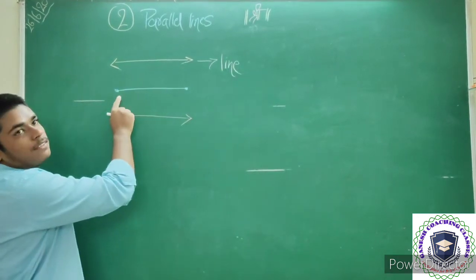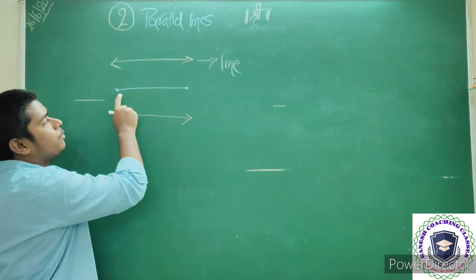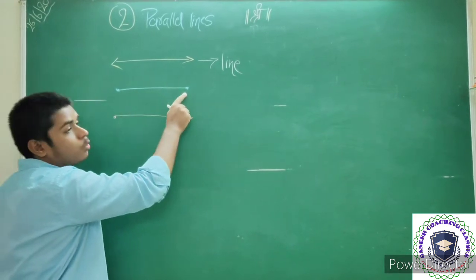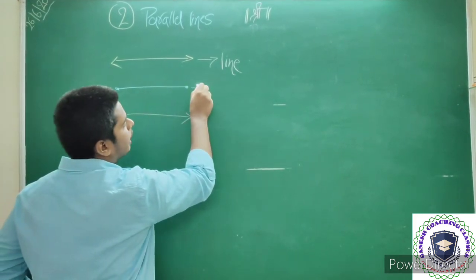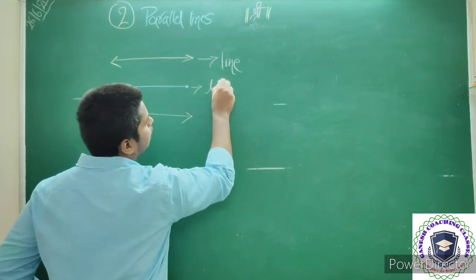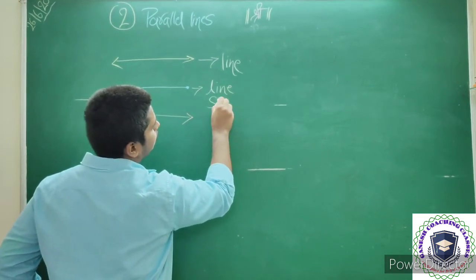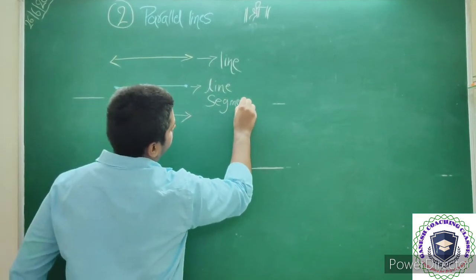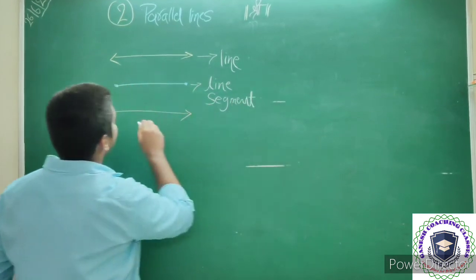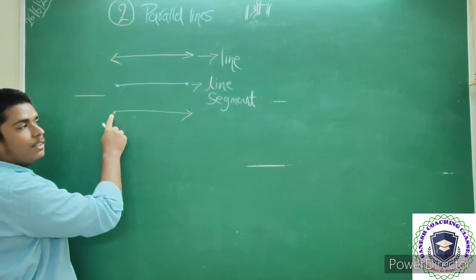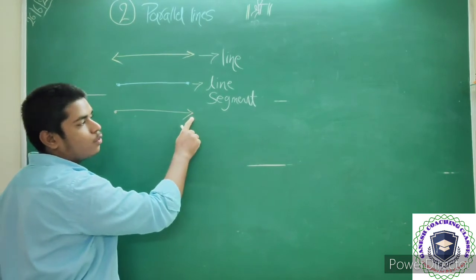Okay, in the second case there is no arrow, which means that both the ends are closed. When both the ends are closed, this is called a line segment. In the third case, one end is closed and another end is open.